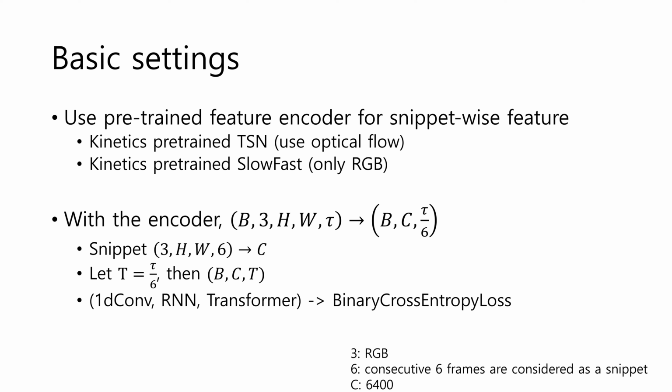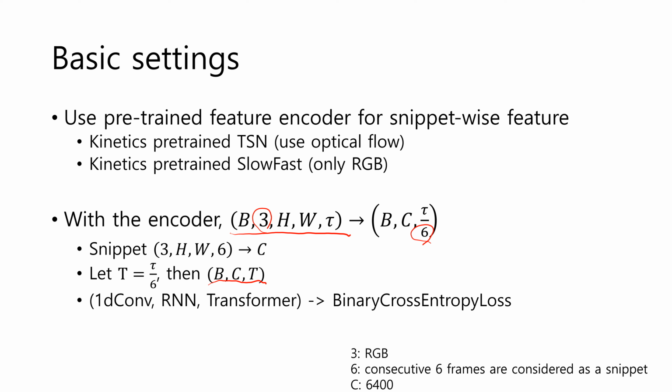By the way, with these encoders, we now have the tensor shaped B, C, T, instead of B, 3, H, W, tau. This 3 refers to the RGB 3 channels, and this 6 refers to the consecutive 6 frames.